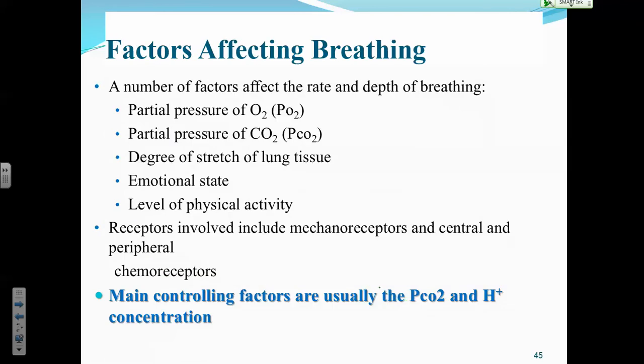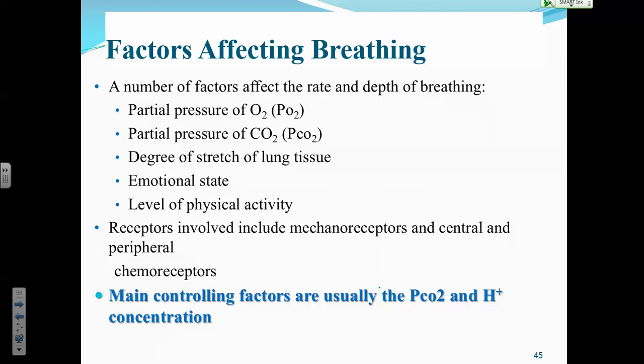A lot of things can affect the breathing itself, and I want you to spend a lot of time studying this part. So we're going to go back now to the respiratory center.